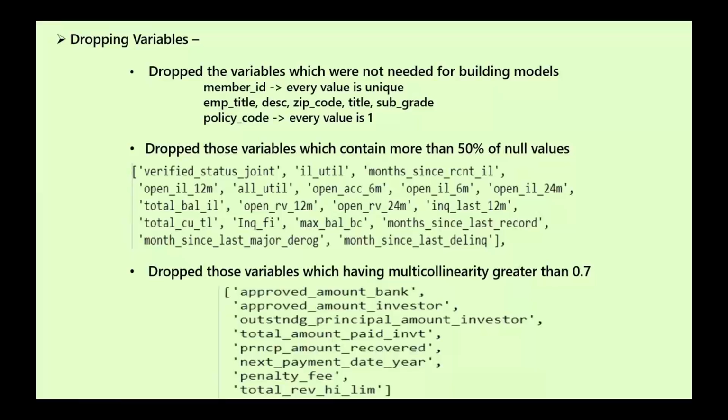Here we have set a threshold of 0.7, where collinearity is the relationship between two independent variables, and multi-collinearity is the relationship between two or more independent variables. In our case, we had loan amount, approved bank amount, and approved bank amount investor. These three variables were highly multi-correlated. So instead of using all three, we decided to keep only the loan amount and remove the approved bank amount and approved bank amount investor. Next.